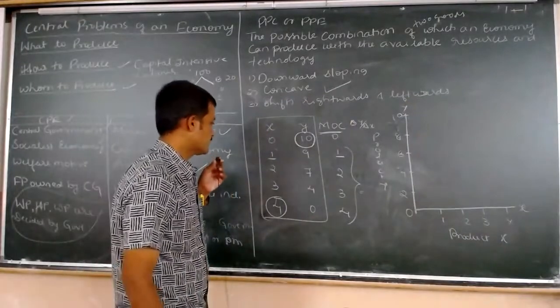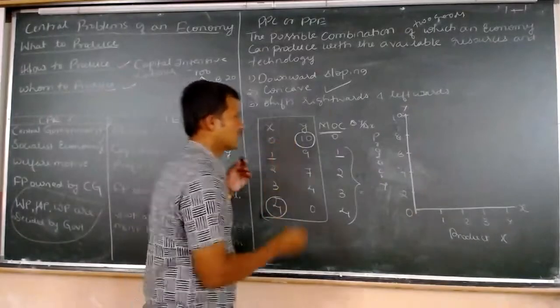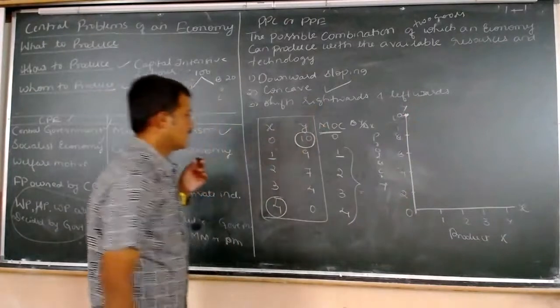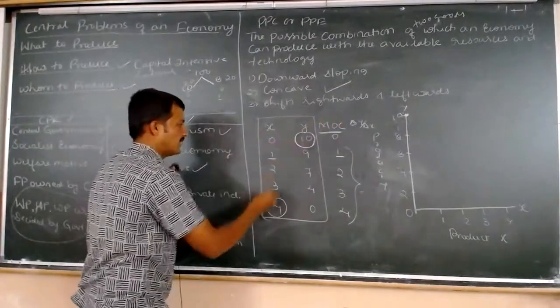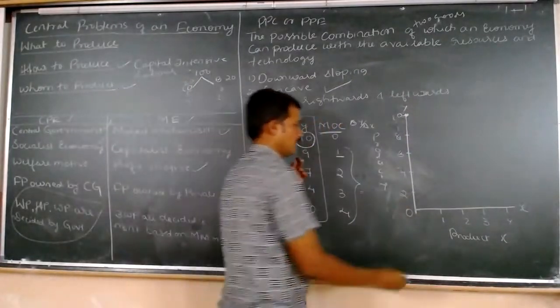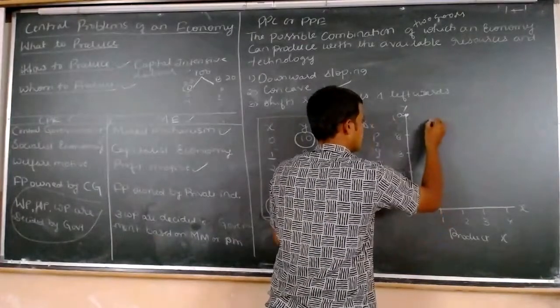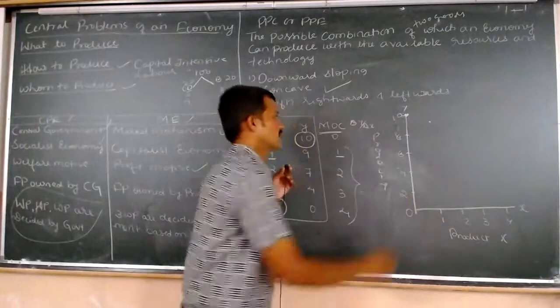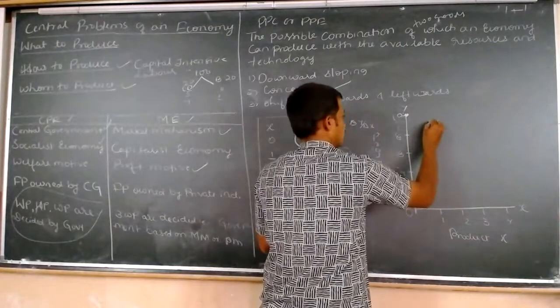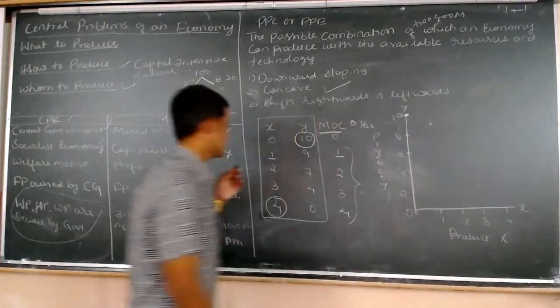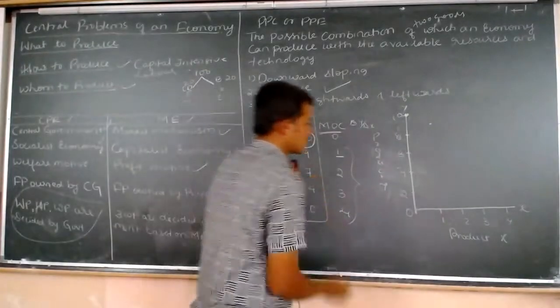So the first combination is 10. So let me mark it here. Then next 0 and 10 will be there. Then 1 and 9. So first it is 1 and next it is 9. So somewhere around here, or let me put it slightly lower. 1, 9. Okay. Next is 2, 7.